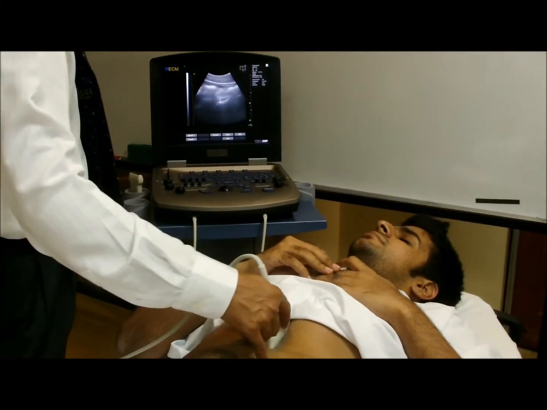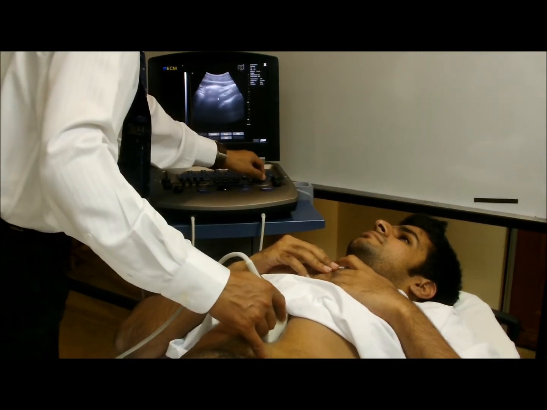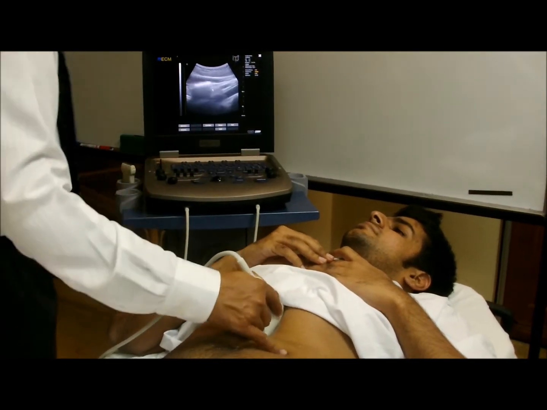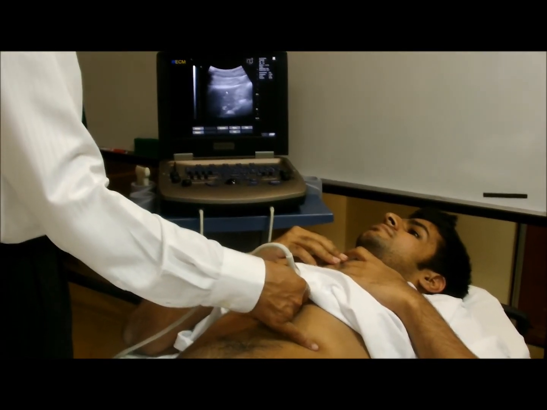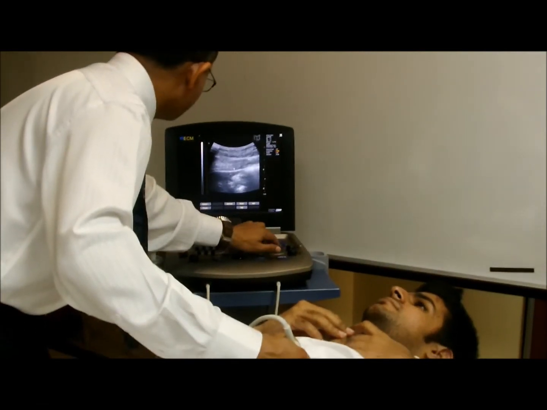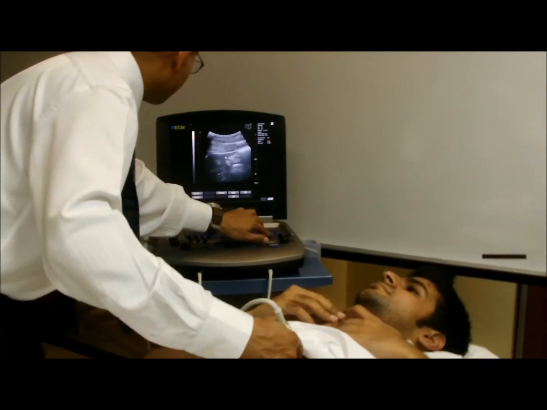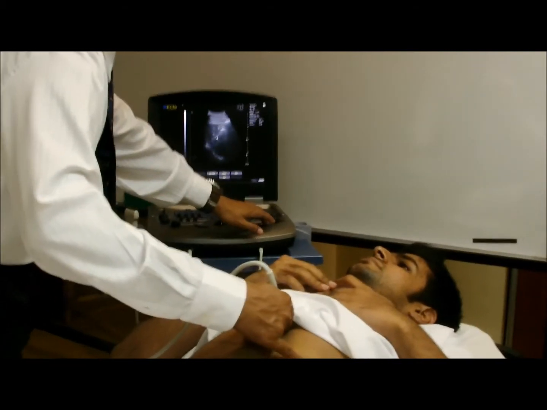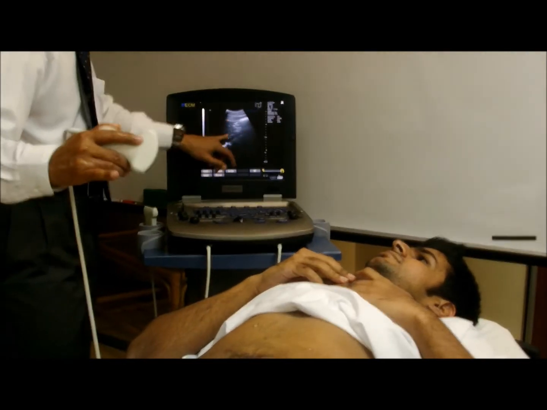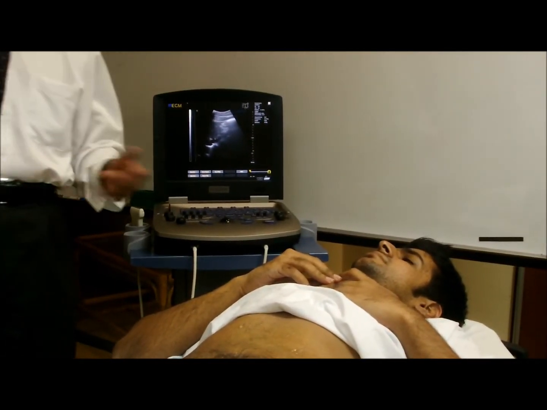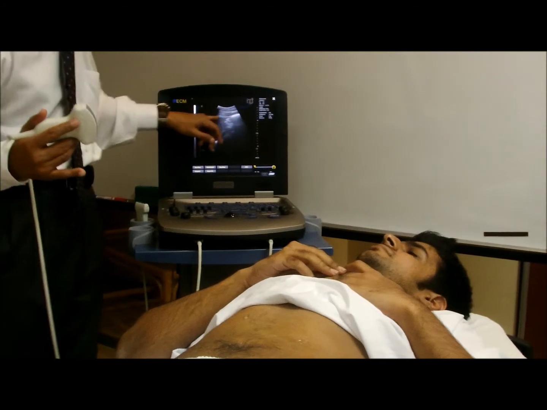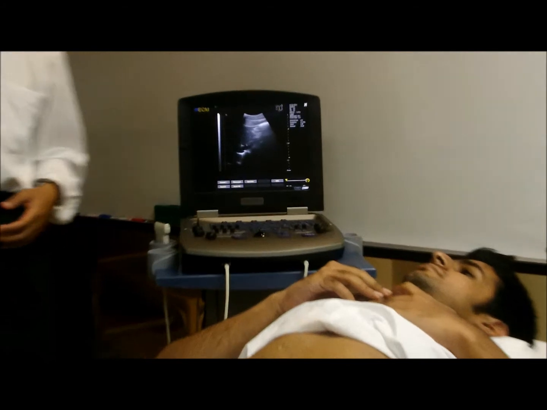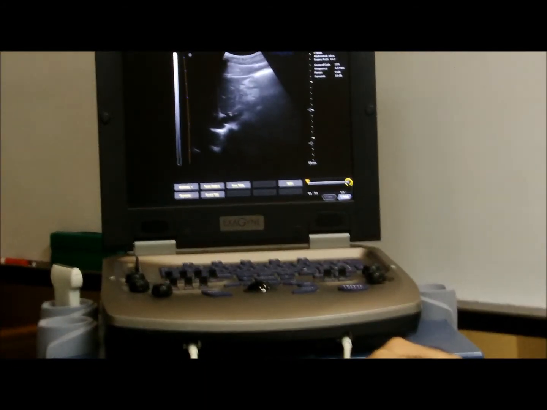You will be able to see the whole left liver lobe over here, and especially during a perforated gastric ulcer, you will be able to see bright air across this left liver lobe diameter.